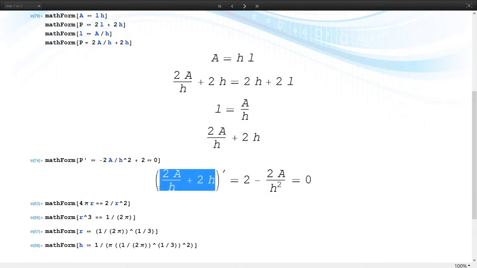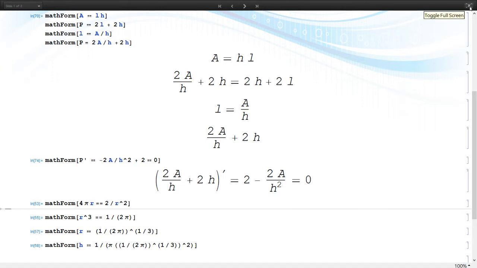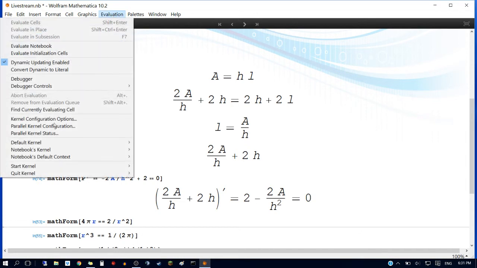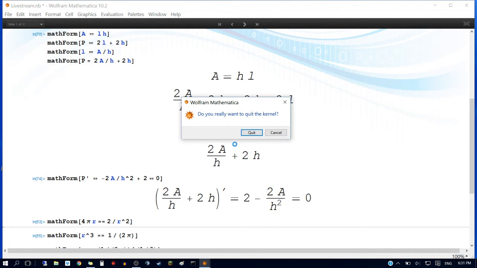Mathematica is, I accidentally assigned p a value in this statement, so now p will always look like this to Mathematica. Maybe we can take some time to just quit the kernel for a second to undo that.